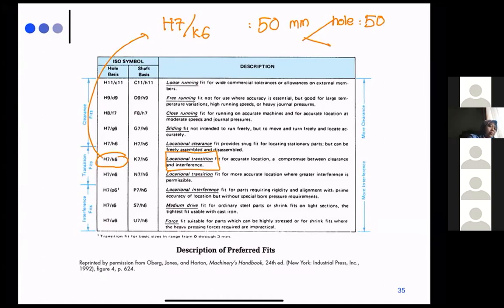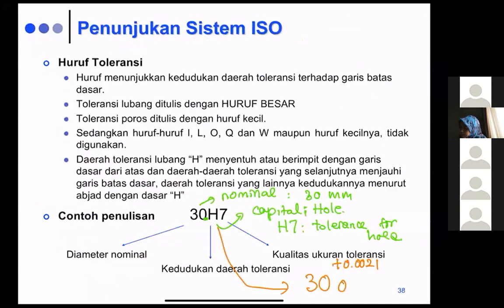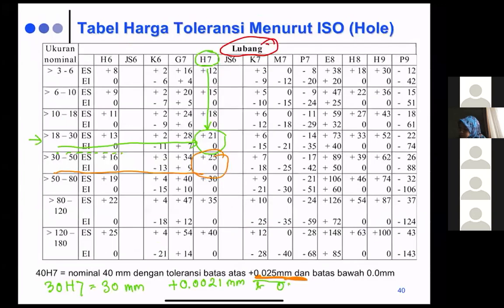If I look at here the H7, and then let's look at the 50, over here, 50 still here. Again, the tolerance should be plus 25, and the lower one is 0, and then it should be divided by 1000 millimeter.